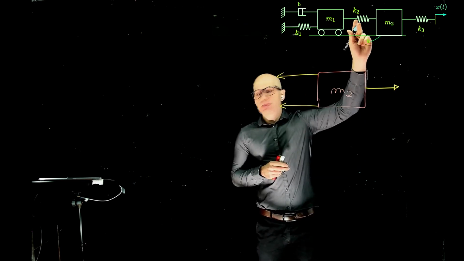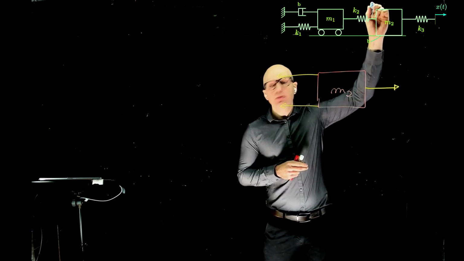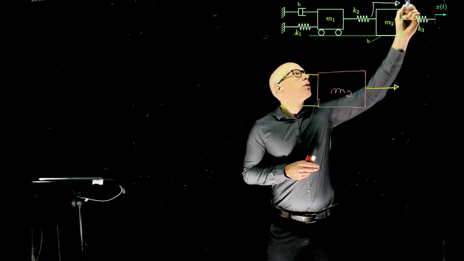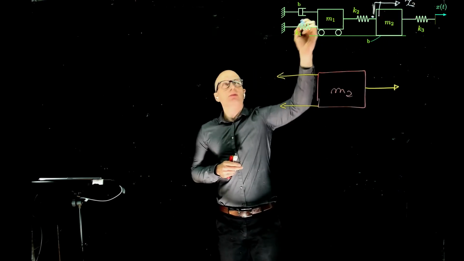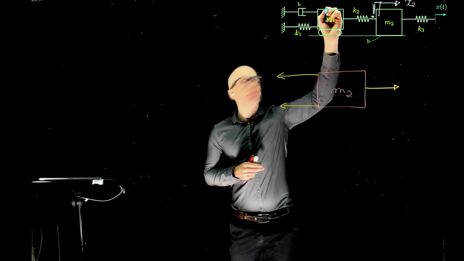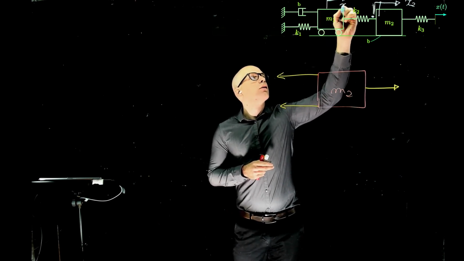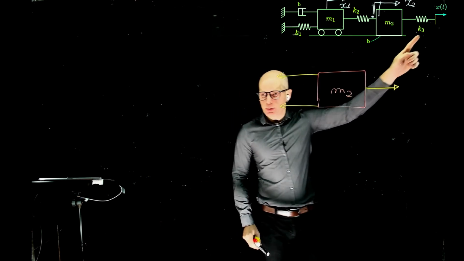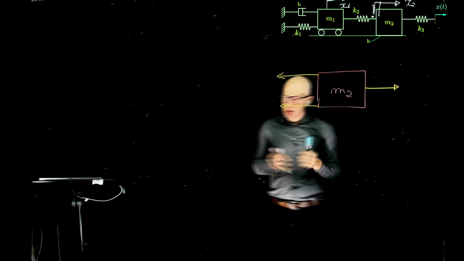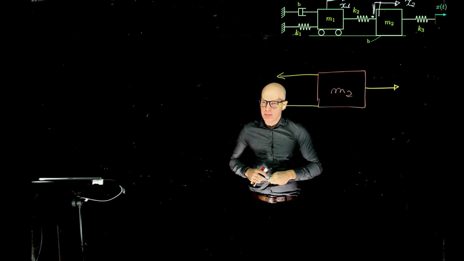Let's call the displacement of this mass here x2. Let's call the displacement of this mass x1. What is the displacement of this spring? What is the compression of that spring?